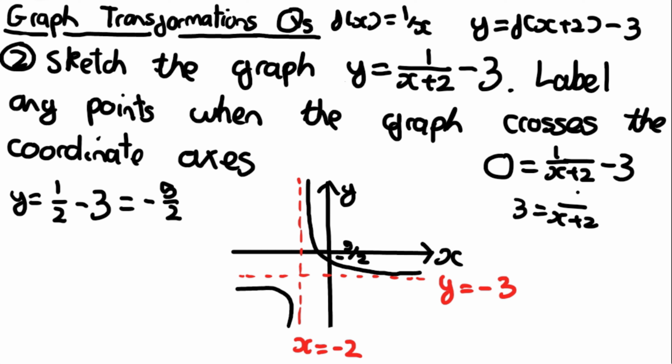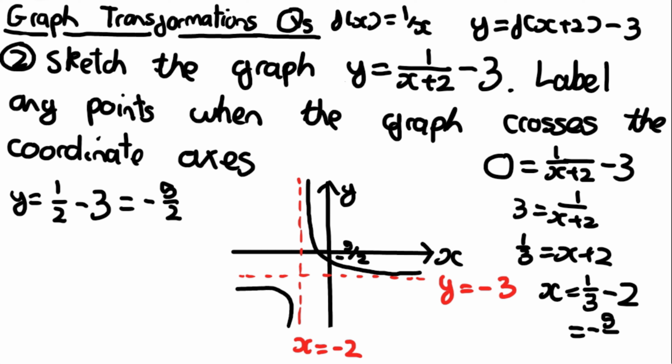So 1 over 3 is equal to x plus 2. So x is equal to 1 over 3 minus 2, which is going to be equal to minus 5 over 3. So we can say that this root here is going to be equal to minus 5 over 3.